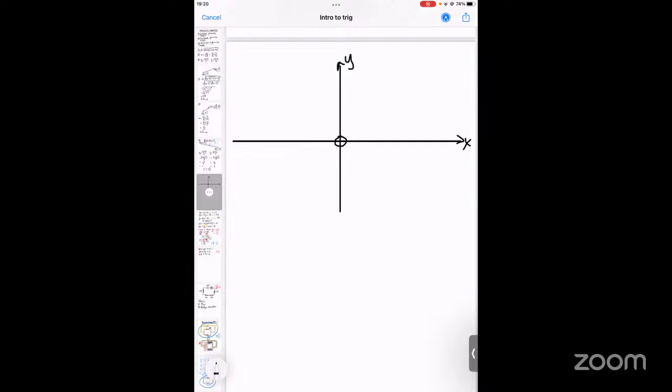Okay, so let's say we've got a point there, and then I will have another point there, and then I will have another point there. So I will do that. I will also do that. And then I will also do that.